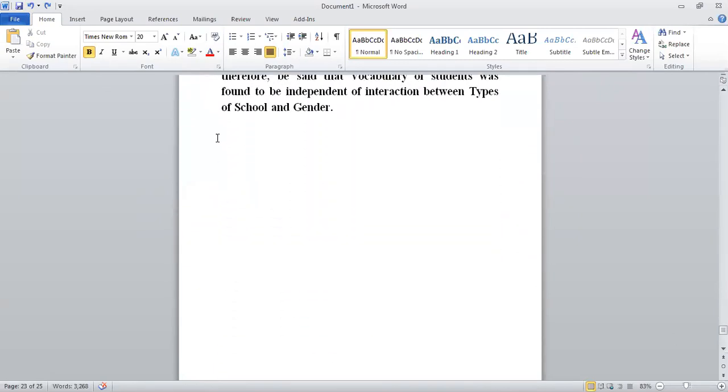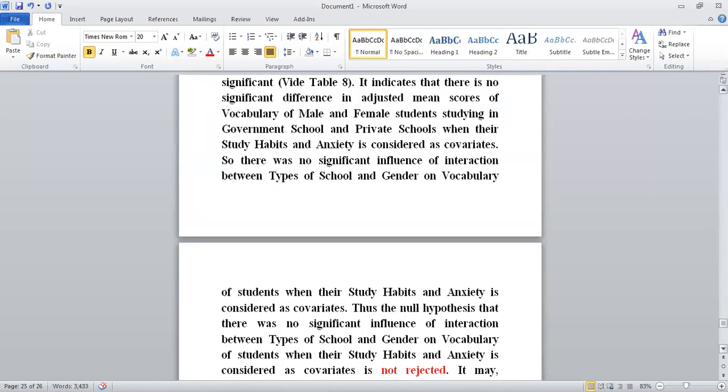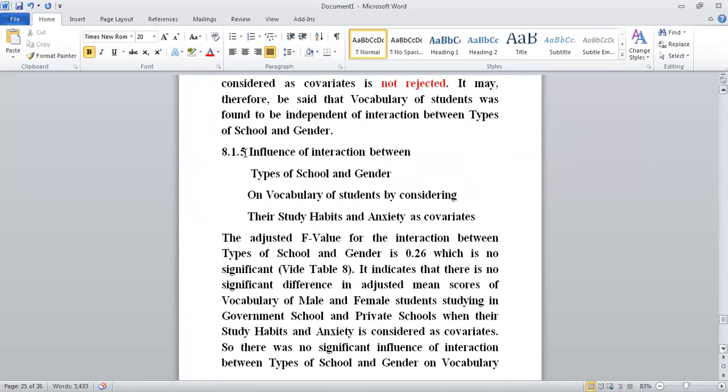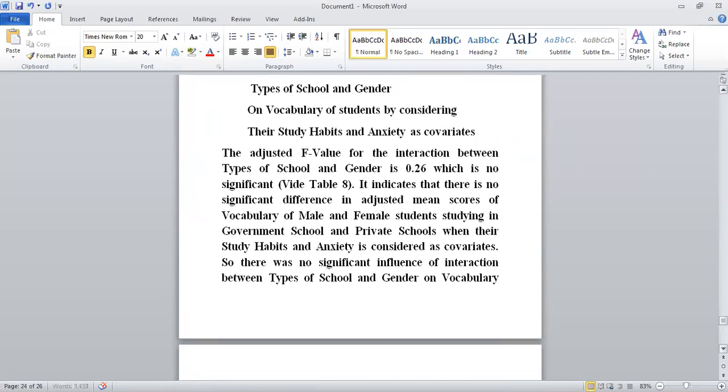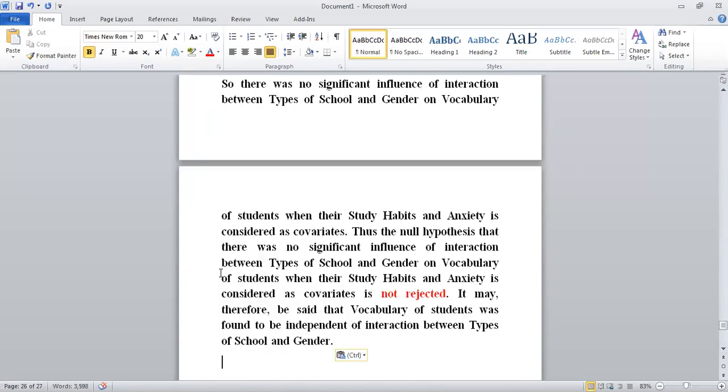Then this should be my 6. So this is my 6. Okay. And let me copy once again and make a change. That will be my 7. So this is my 7.